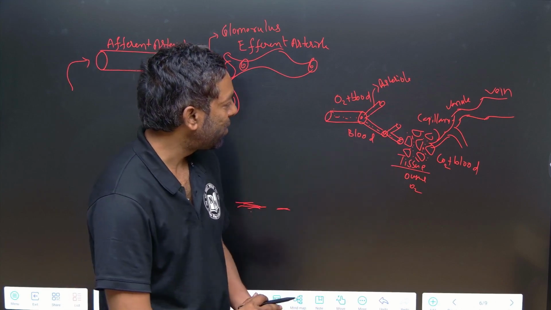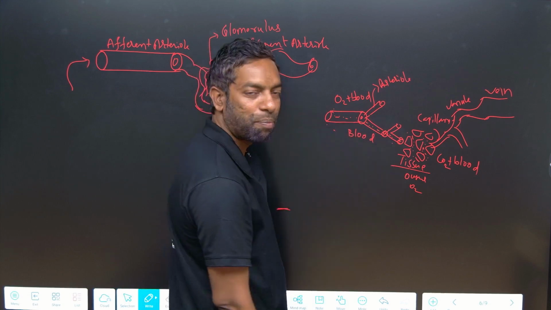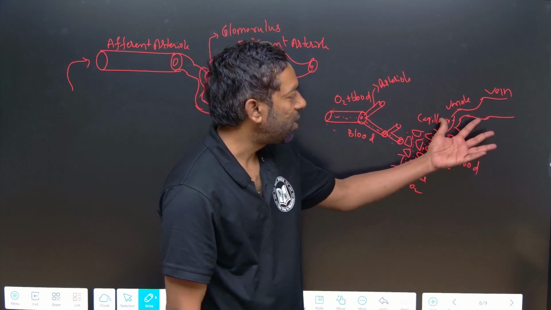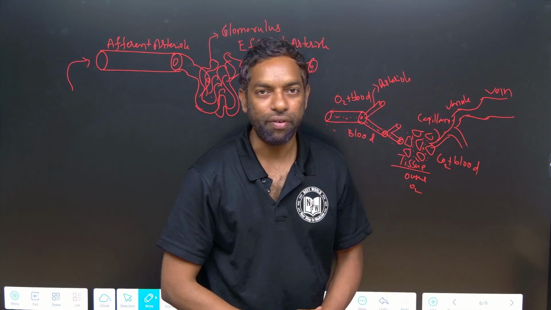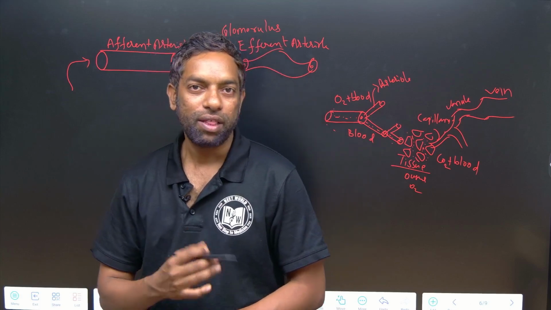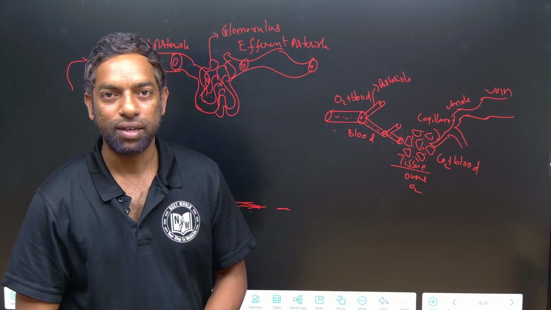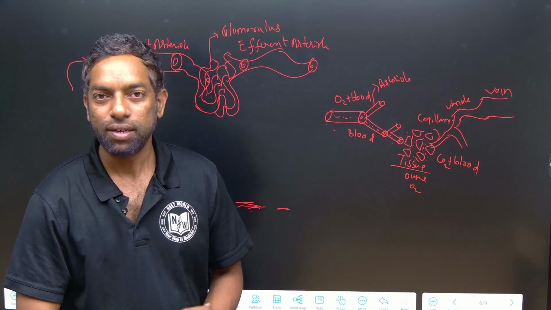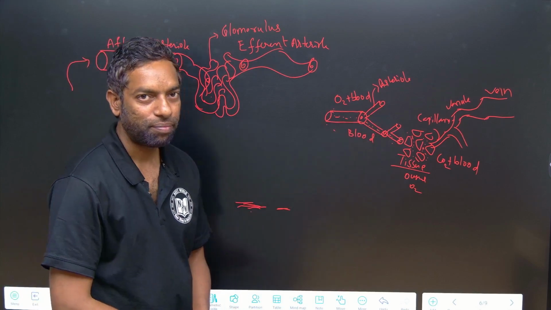Just look at this. Artery ends with capillary, and vein starts with capillary. Does it mean everywhere the artery divides into arterioles and ends in capillaries, and the vein starts from capillary? This is the mechanism everywhere.